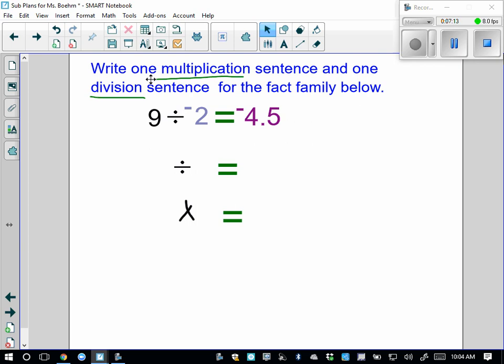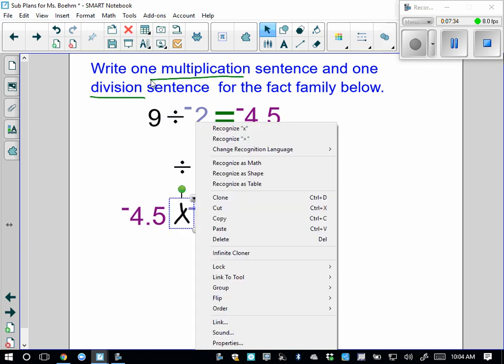I did negative 4.5 times negative 2 equals 9. Okay. And order doesn't matter on that one. So some of you might have had the reverse. You might have had this, and that's okay. Those both work.